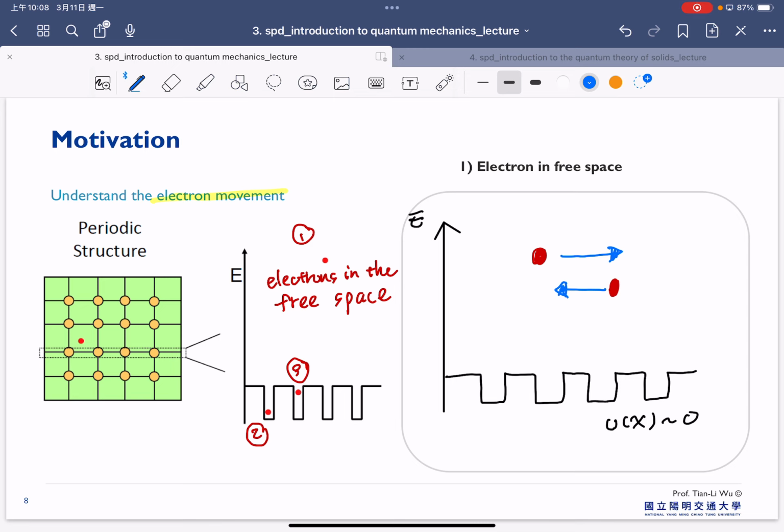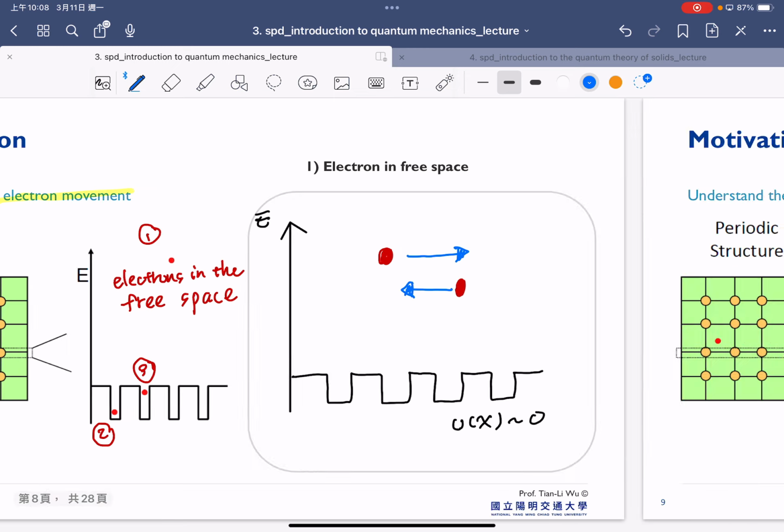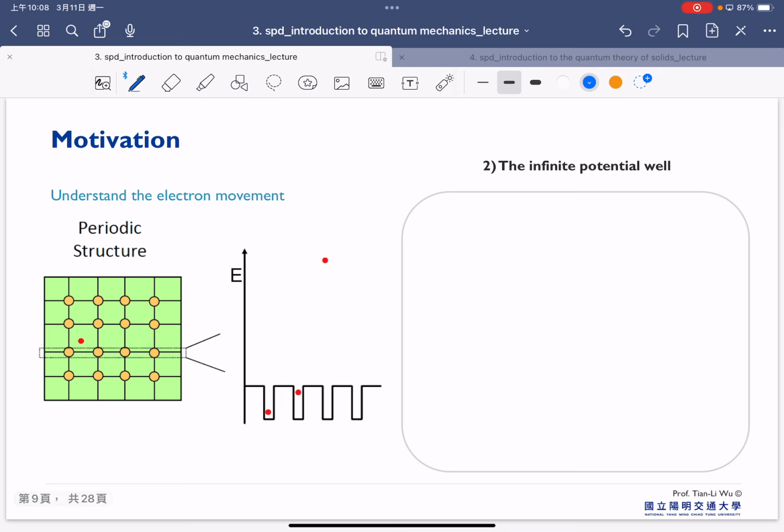And the second case is the infinite potential well here.